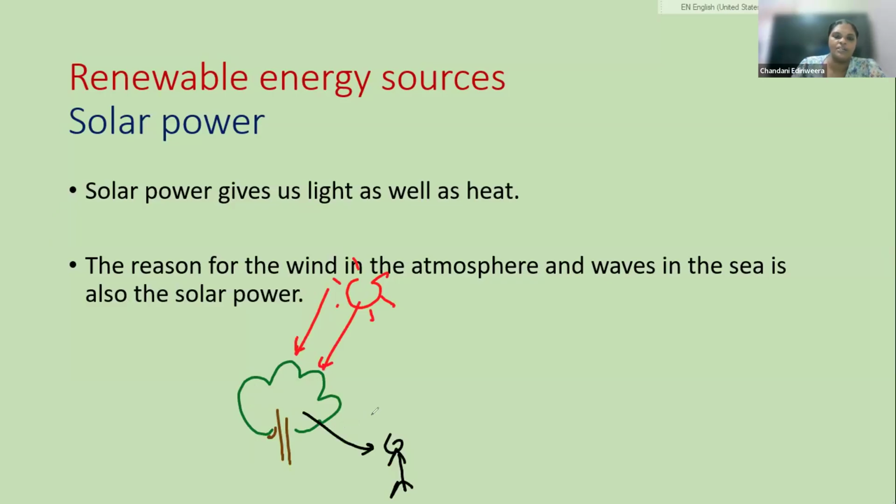As we learned in the food chain, we get energy from the plants, which means we are getting the energy from the sun. So solar energy is really important, and it is everywhere. To see something, to feel something, when we eat something, when we drink something, in every place the solar energy is there.